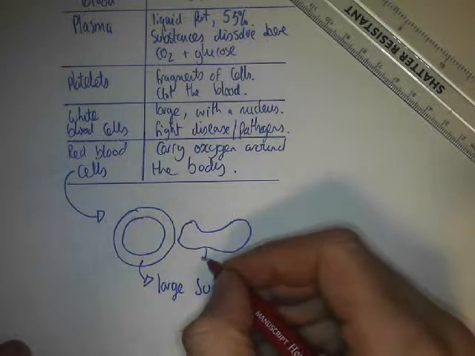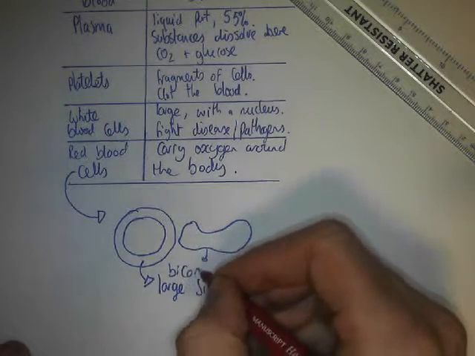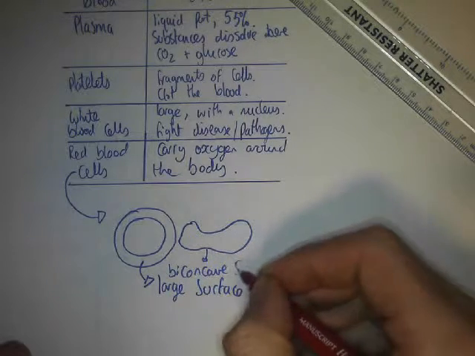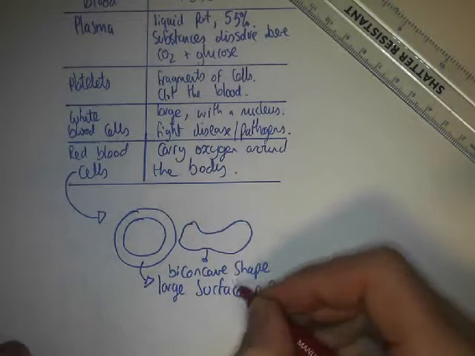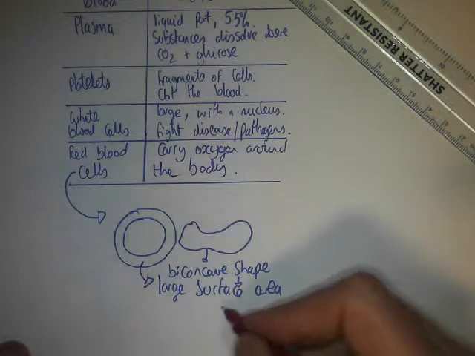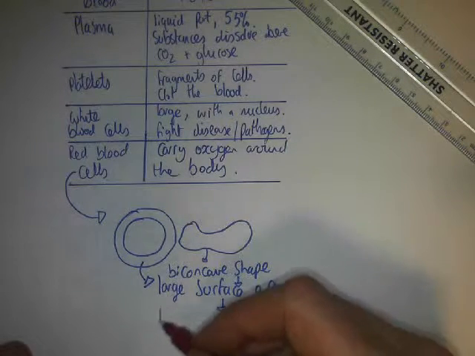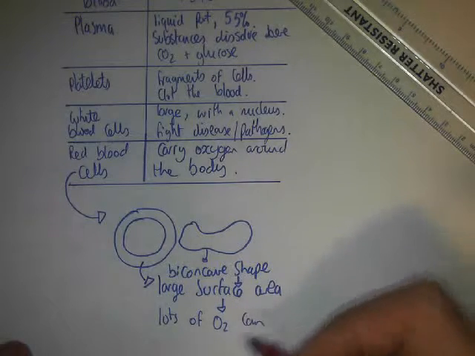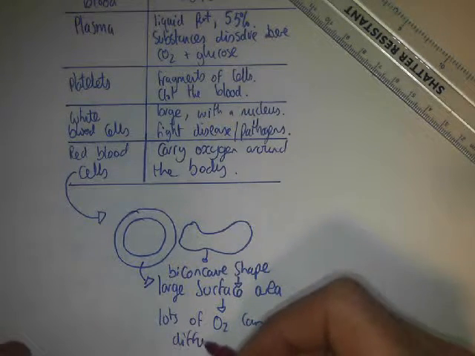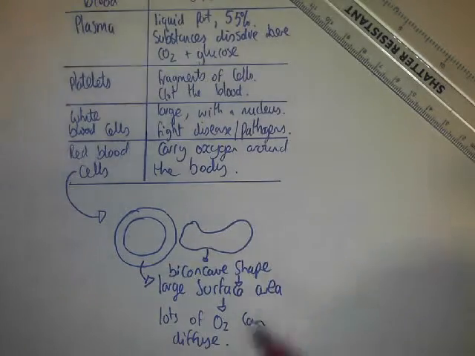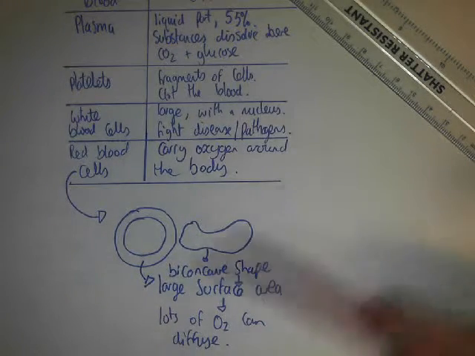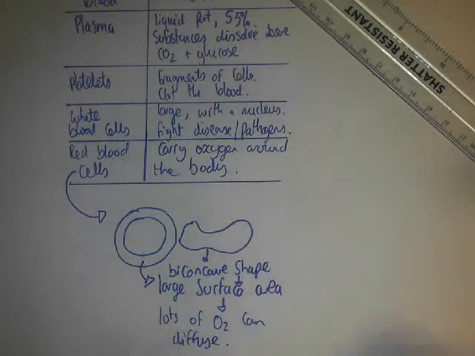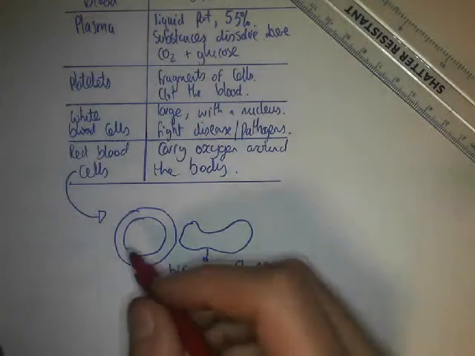So we can put biconcave shape. Biconcave shape gives it a large surface area. So if it's got a large surface area, lots of O2 can diffuse and move into the cell because it's got a large surface area.